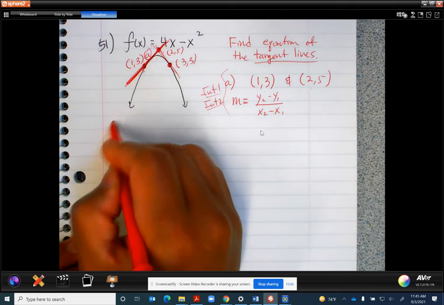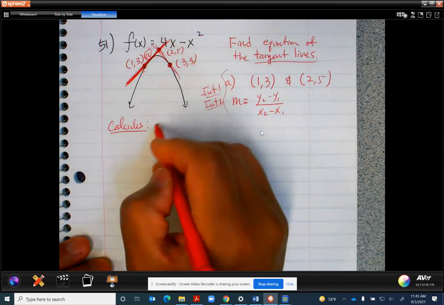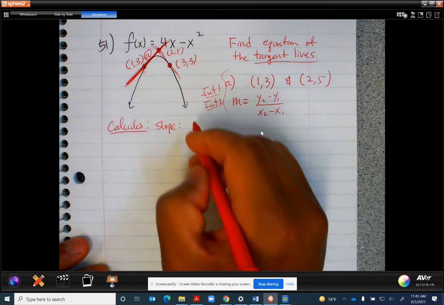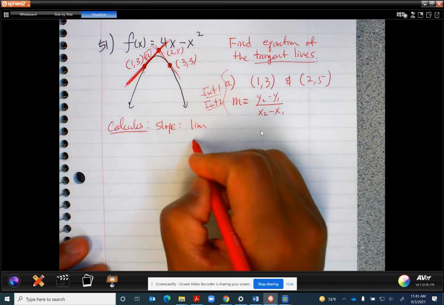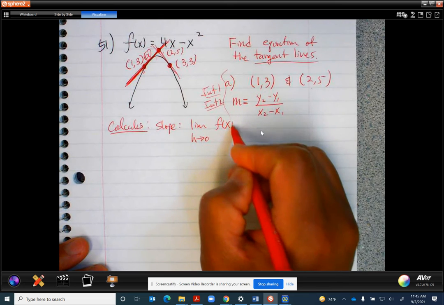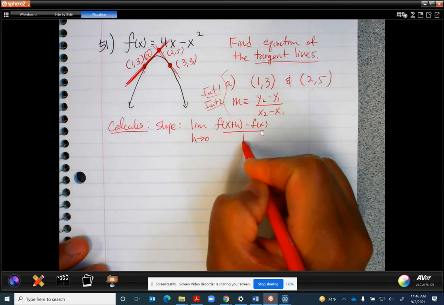But in calculus, how do you find the slope? What's the formula? Limit h goes to 0, f of x plus h minus f of x all over h.